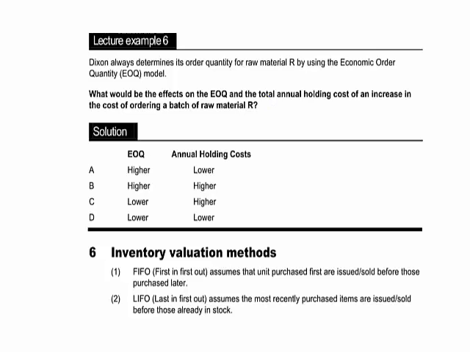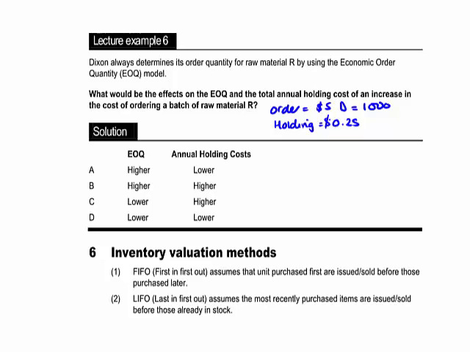So let's imagine then here that the cost of placing an order is going to be $5 and that the demand is going to be 1,000 and my holding costs are going to be $0.25 per unit, or 25 cents.